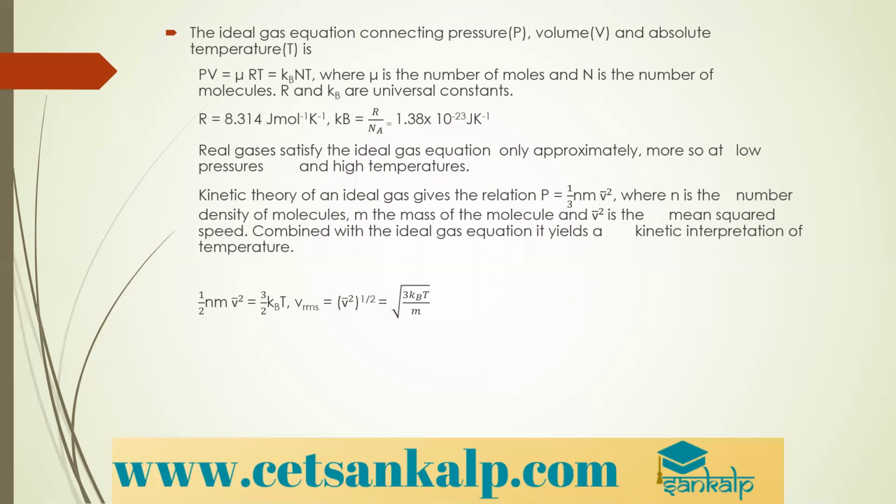The Boltzmann constant Kb is equal to R divided by Na, where R is the universal gas constant. Its value is 8.314 joules per mole per Kelvin. Na stands for Avogadro's number.